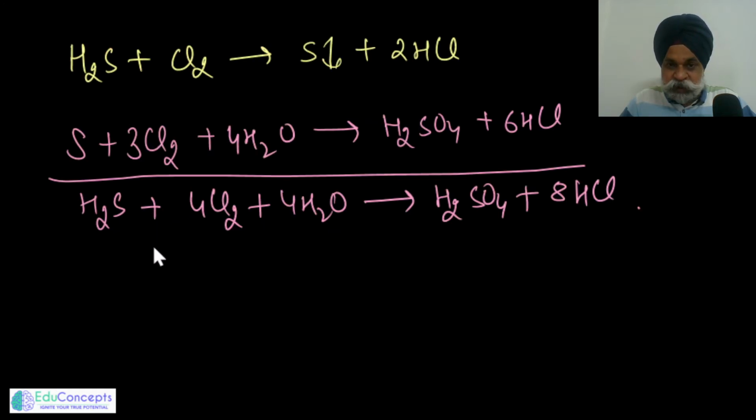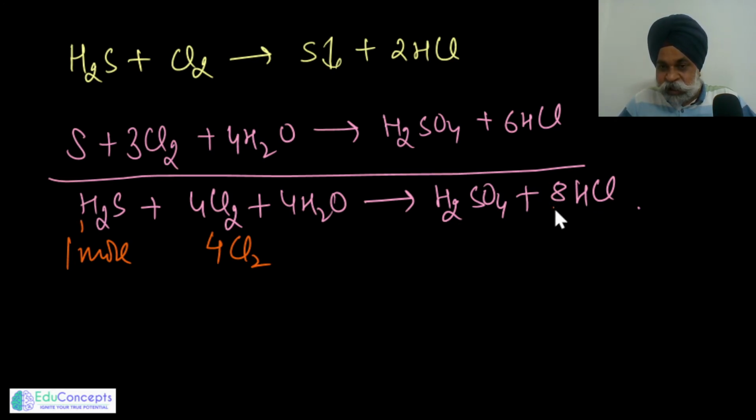If I show you once again, 1 mole of H2S reacted with 4 moles of chlorine, so 8 moles of HCl are produced when you use only 1 mole of H2S. In that sense, per mole of H2S, more chlorine is being used. So what they are basically asking in the option, let me check what they said.